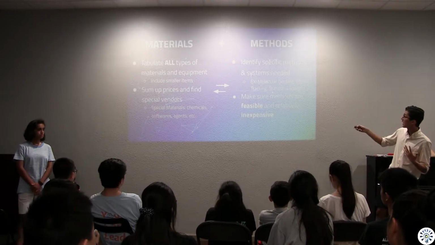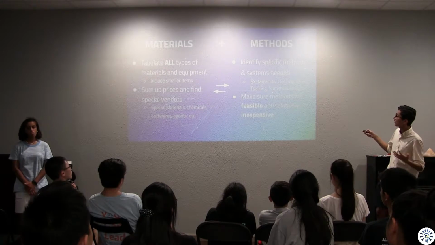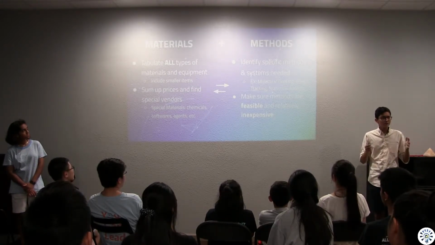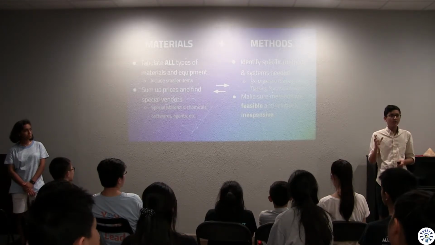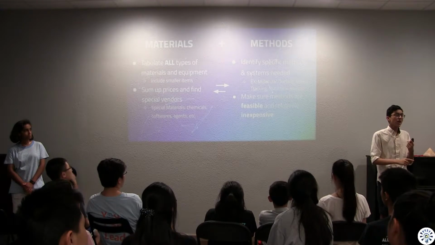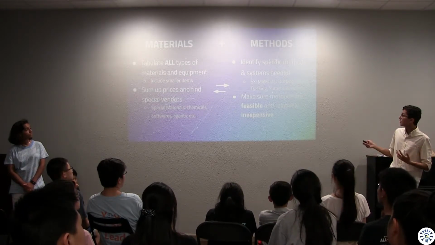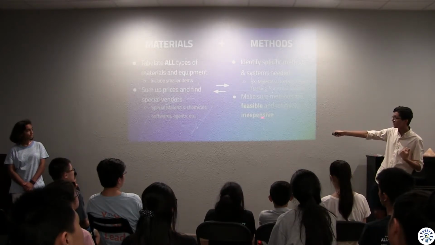For example, here we have two different types of methods that might be in a project: molecular docking and object tracking, and then there's also statistical analysis. These are very broad topics, but understanding as much as you can on those topics will make it easier for judging and doing your project in the execution phase. And then also, you need to make sure that these methods, along with the materials, are feasible and inexpensive.